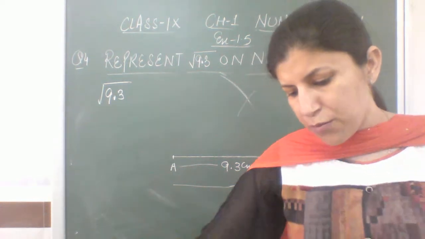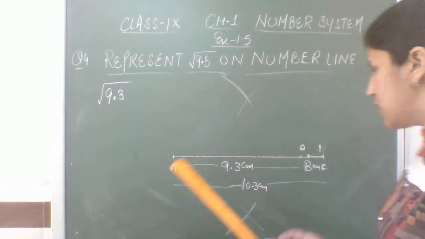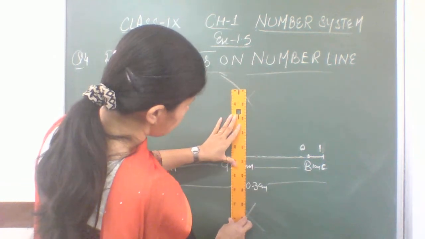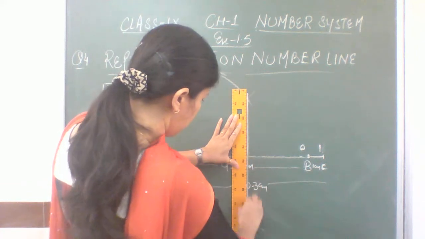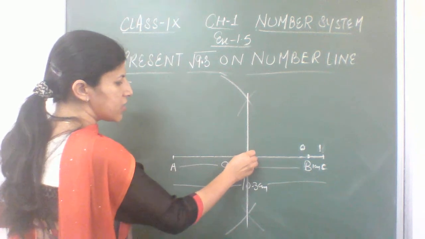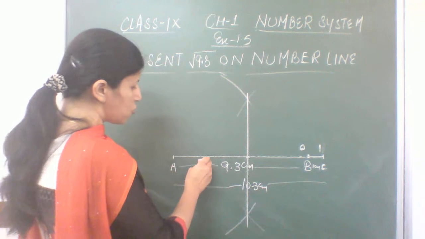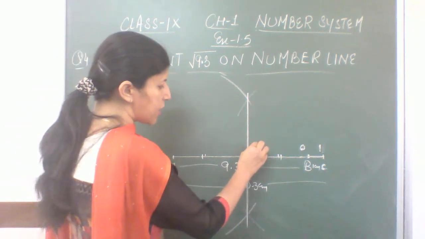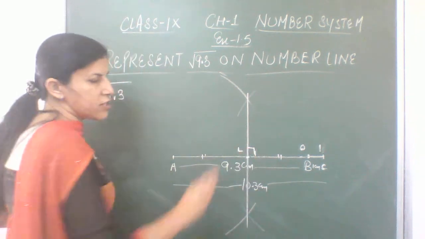Now join both intersecting points and you will get the perpendicular bisector of AC. Where this perpendicular bisector intersects AC, this is the midpoint of AC, meaning these two halves are equal. Mark this point as L. L is the midpoint of AC.